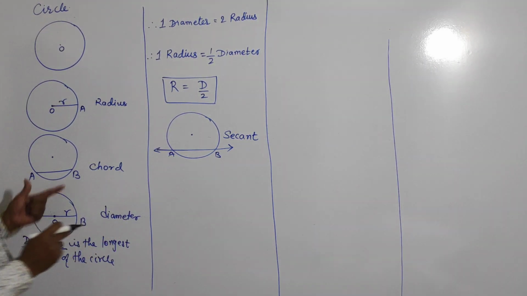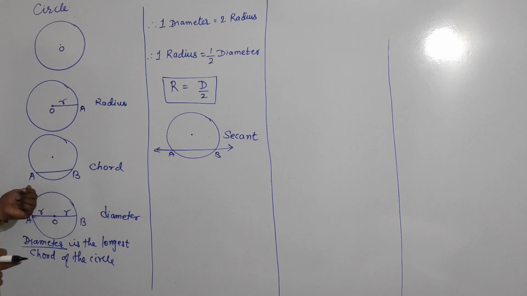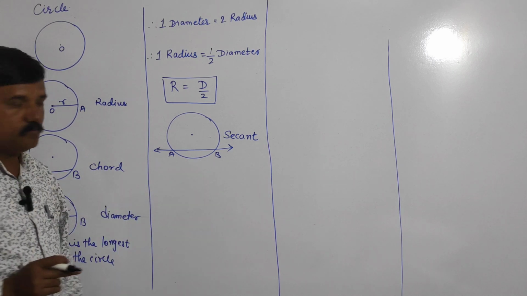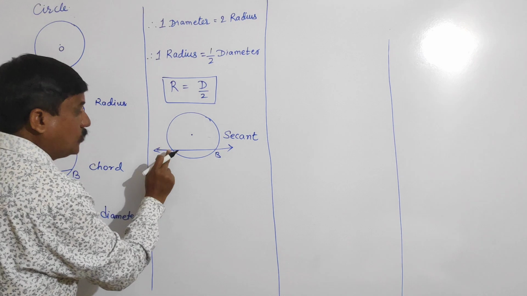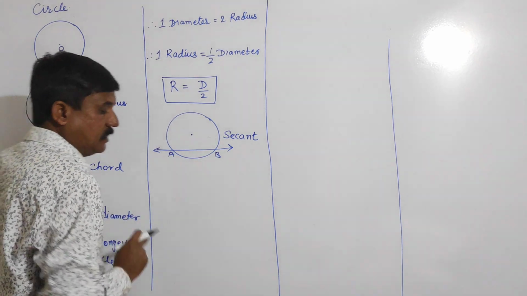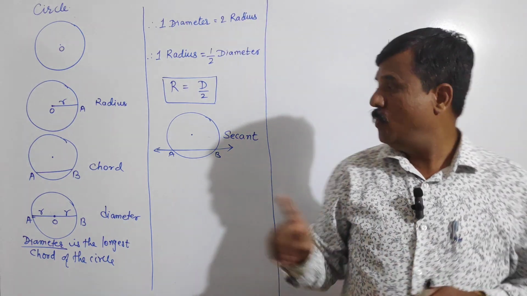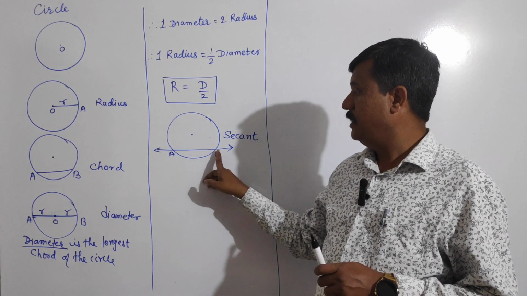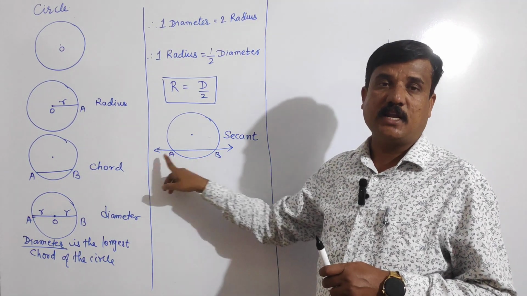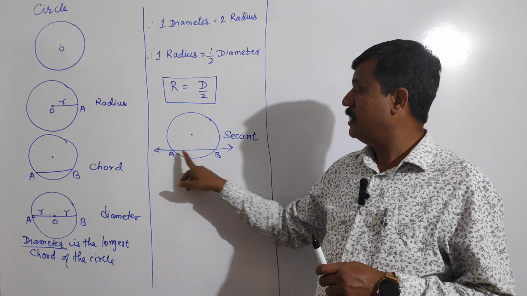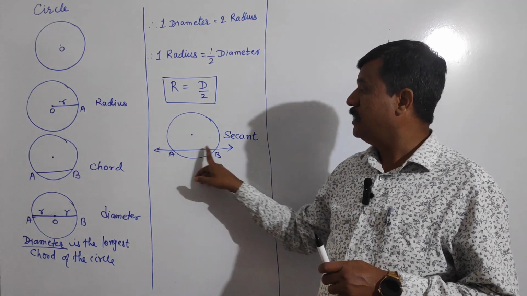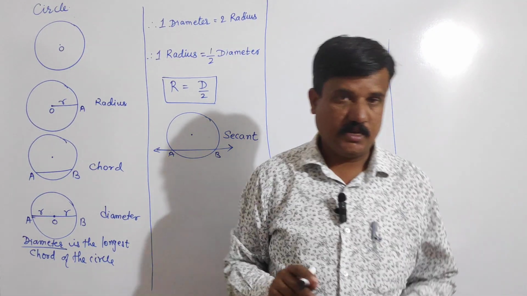Why secant? What is the difference between chord and secant? A chord is a segment and a secant is a line. And it touches two points on the circle. What is the feature of a secant? It intersects the two points on the circle.